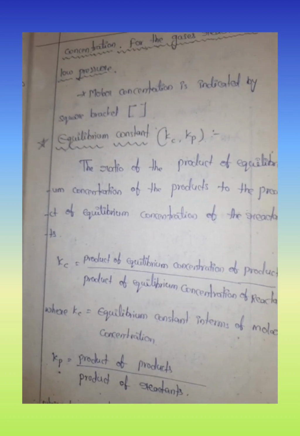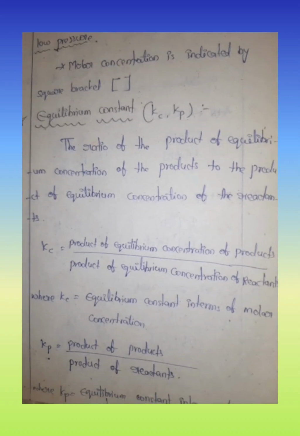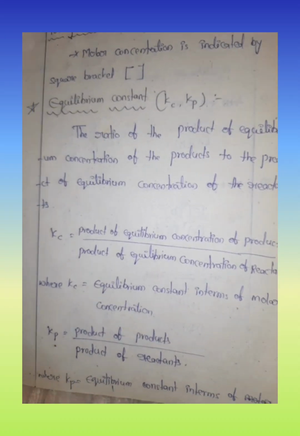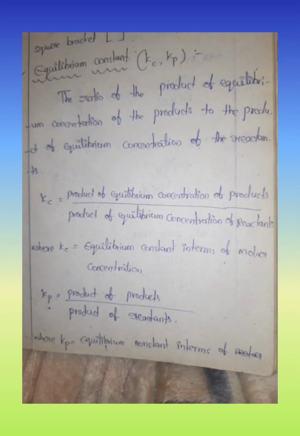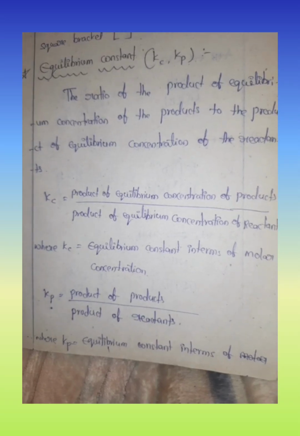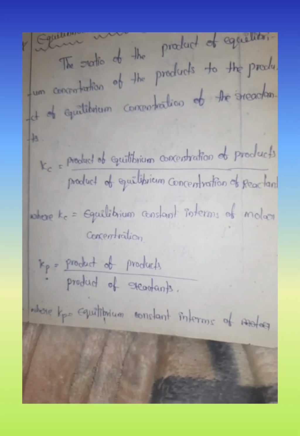Equilibrium constants Kc and Kp. Kc equals the product of equilibrium concentrations of the products divided by the product of equilibrium concentrations of the reactants, where Kc is the equilibrium constant in terms of molar concentration.